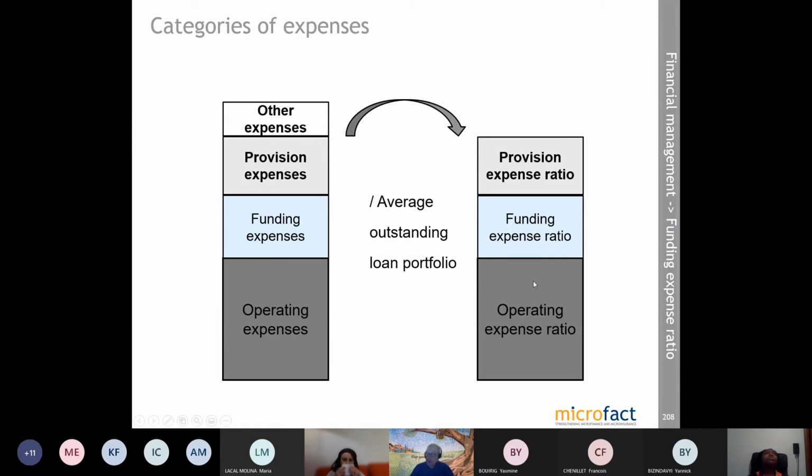By adding these three together, this is what actually your clients have to pay at least on interest and fees just to cover your three groups of main expenses. But it has to be, of course, a little bit more because you have also other expenses, and also you want to make some profit. Okay.